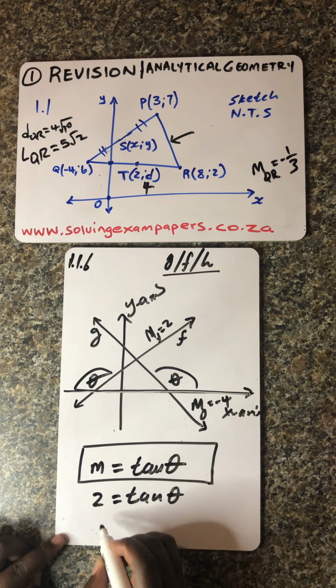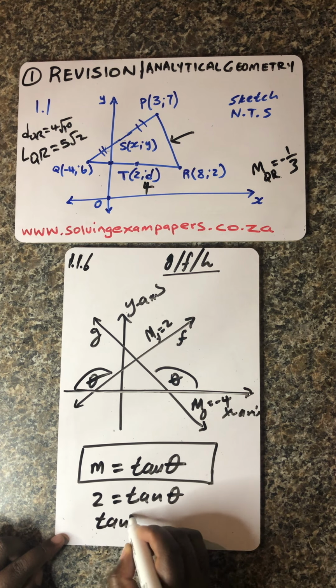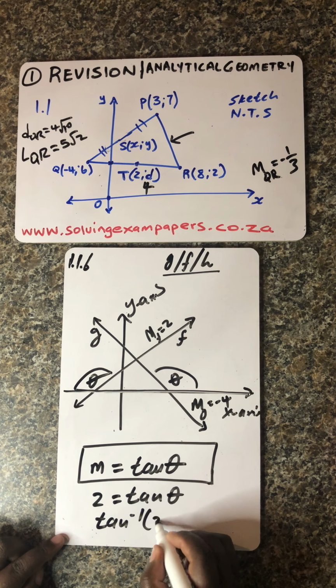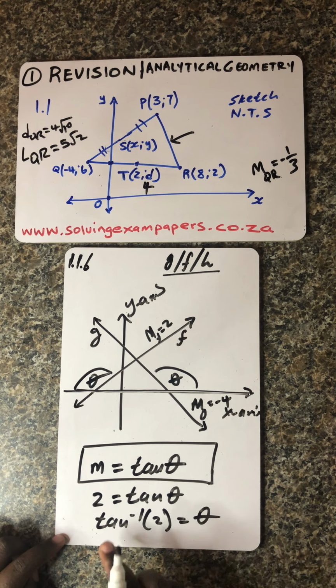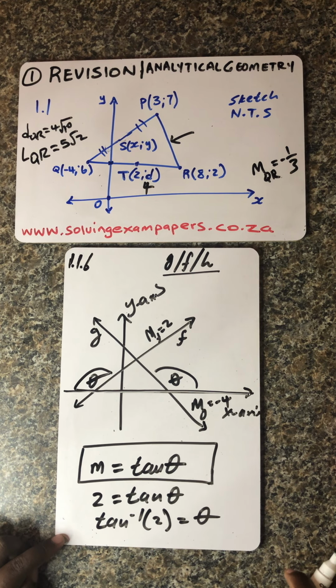Ladies and gentlemen, I'm not sure if you remember the second function. That's what you use when you want to calculate the angle. Second function of 2 gives you an angle.